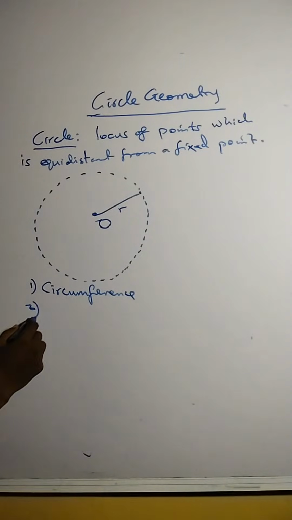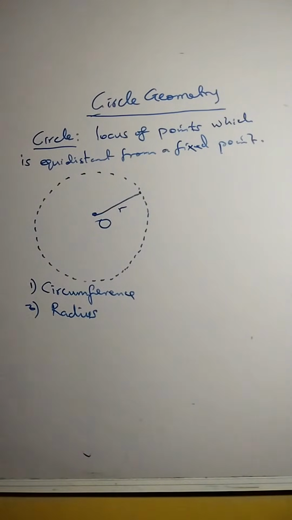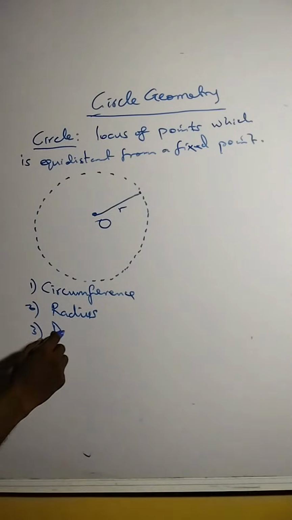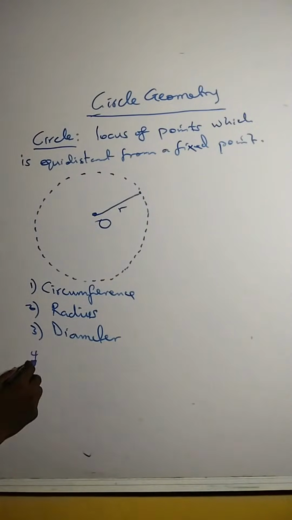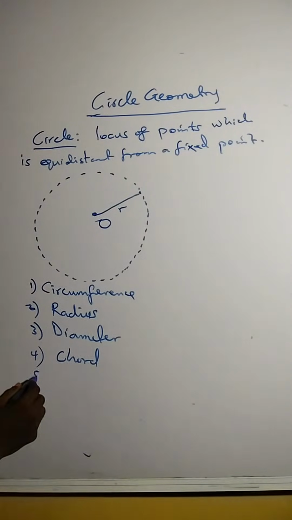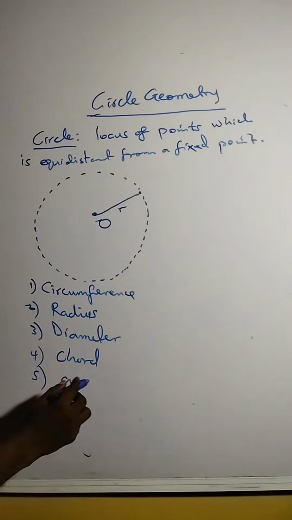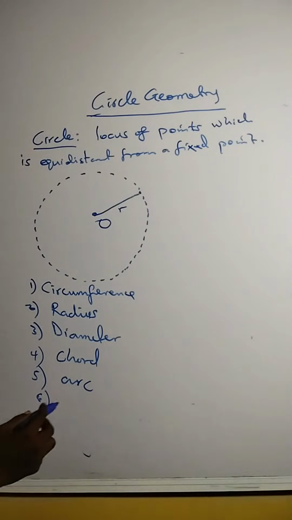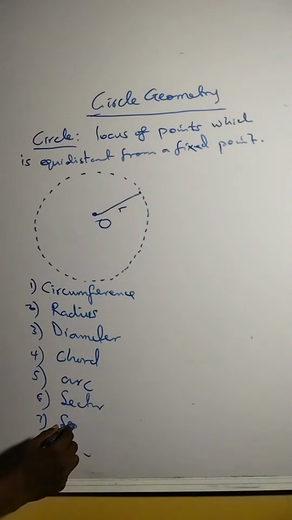And we have radius, diameter, a chord, an arc, a sector, and segments.